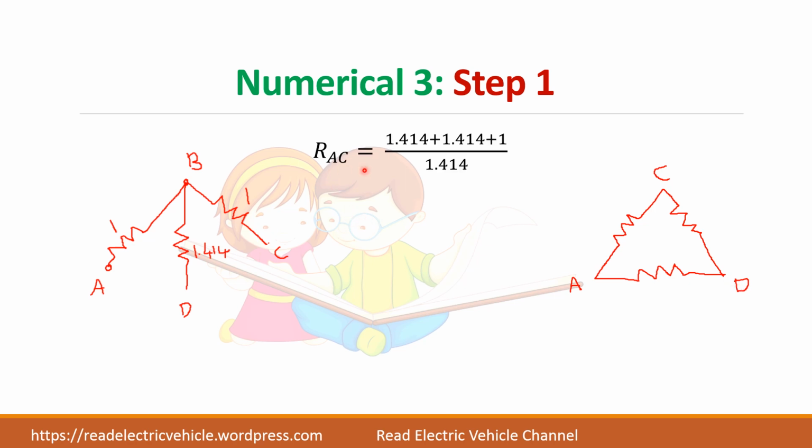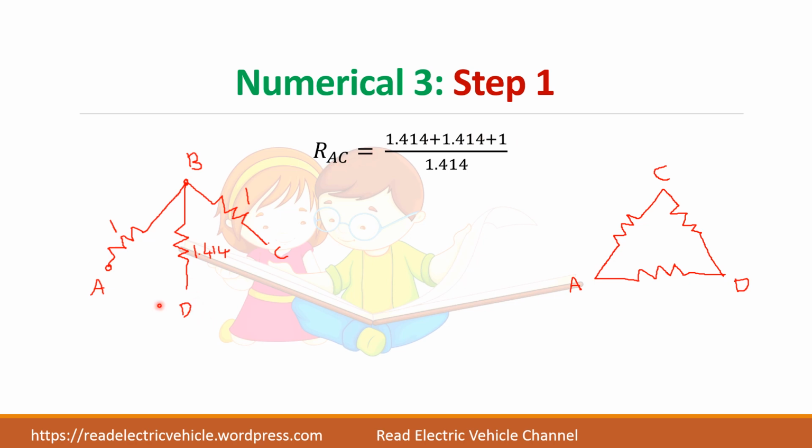Apply the formula. When you are going for this type of problem, you make sure of the terminals here. Because B is eliminated, you are finding RAC. So multiply 1 into 1.414, 1 into this, plus 1, divided by what is missing here.